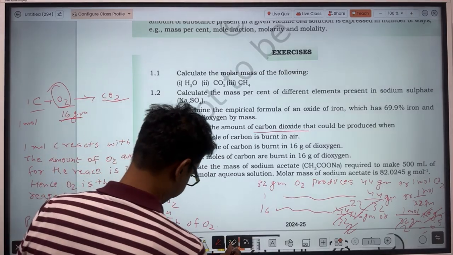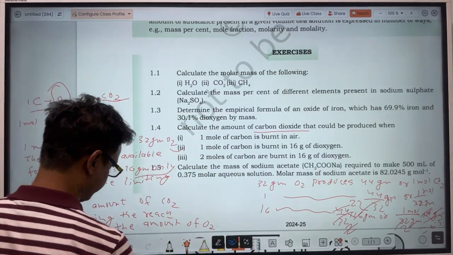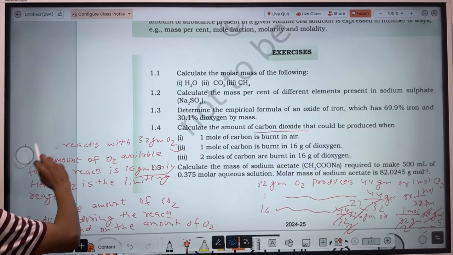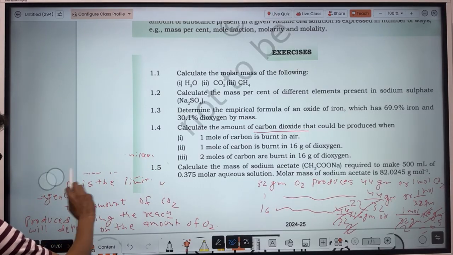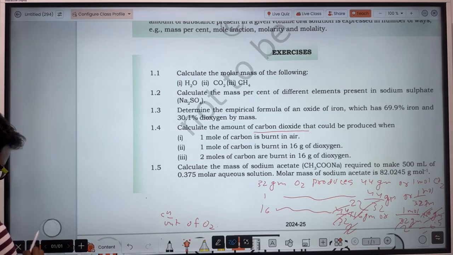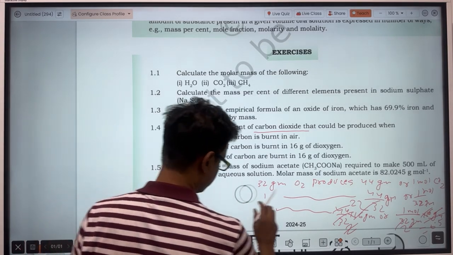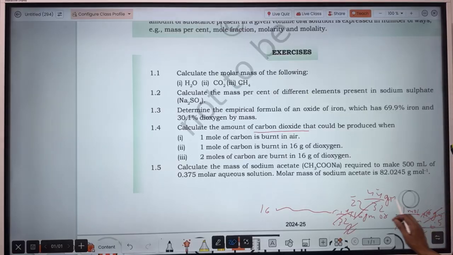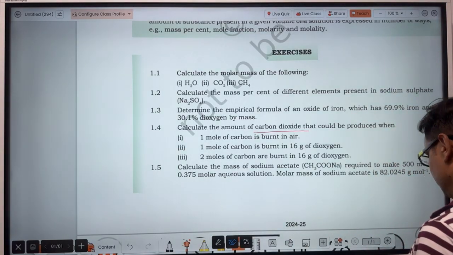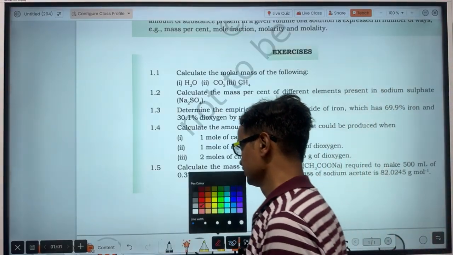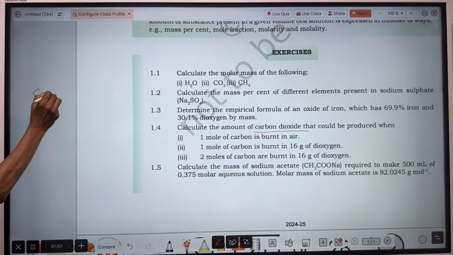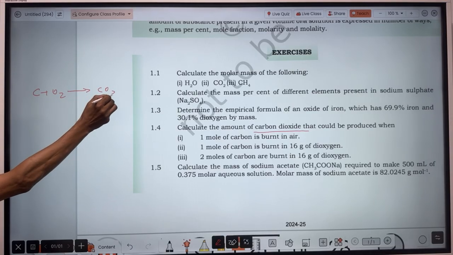Now let's see. Same here, carbon reacts with oxygen and there is formation of CO2.